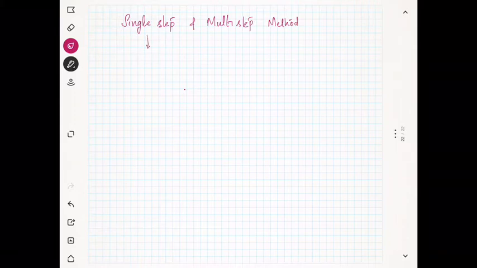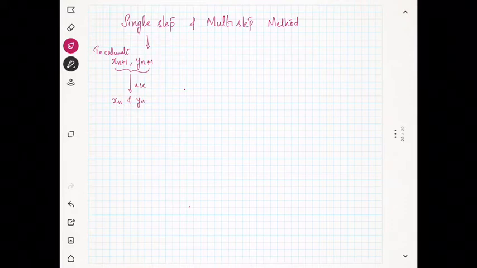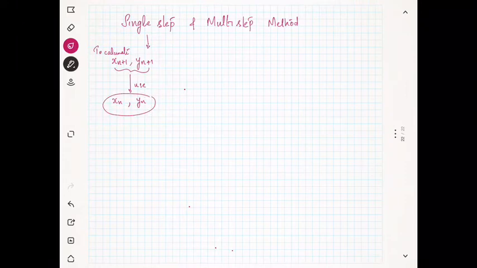To calculate the new values xn plus 1 and yn plus 1, you will use xn and yn, or maybe both. So this is how, by using xn and yn, we will calculate xn plus 1 and yn plus 1.